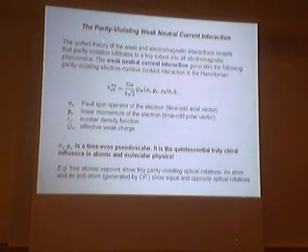Now, on to atomic and molecular physics, the so-called parity-violating weak neutral current interaction. The unified theory of the weak and electromagnetic interactions, which was developed in the 1960s by Weinberg, Salam, and Glashow, showed that the weak and the electromagnetic interactions were just two different aspects of a deeper, unified, so-called electro-weak interaction.